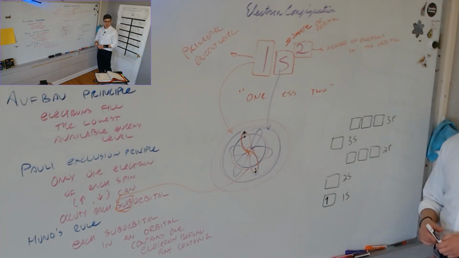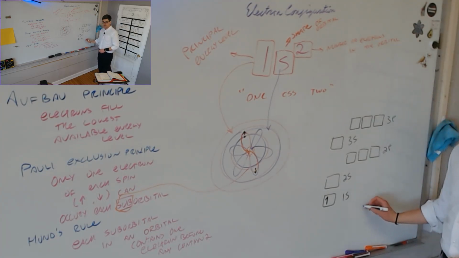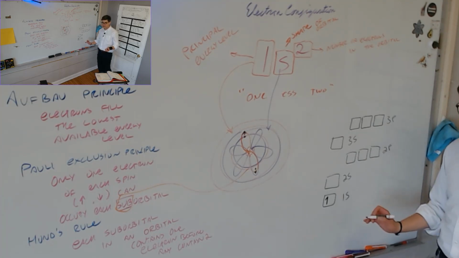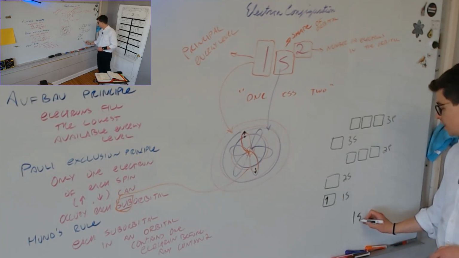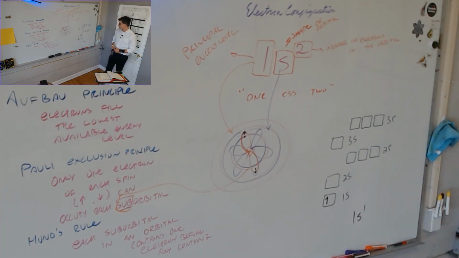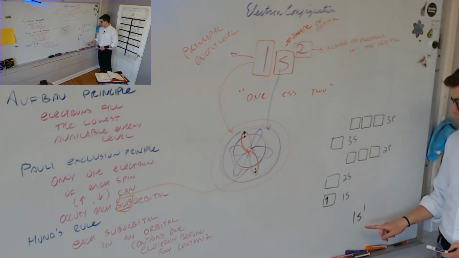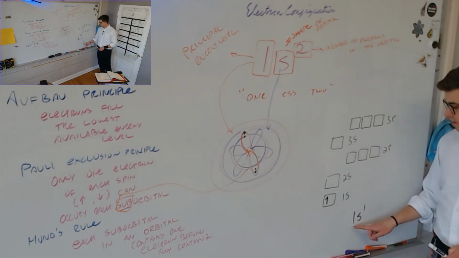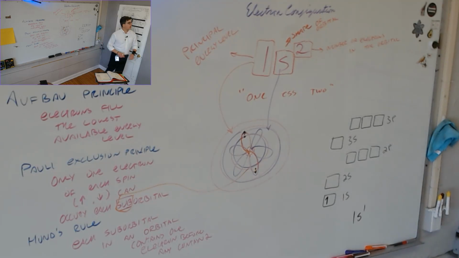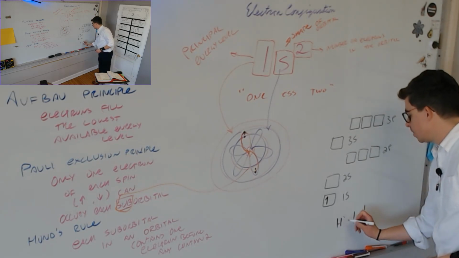What do we call that? If we were writing its electron configuration, we would say it's 1s1. It has one electron, the shape of the orbital is s, and it's in principal energy level 1. What element has one electron? Hydrogen. So hydrogen is and always will be 1s1.